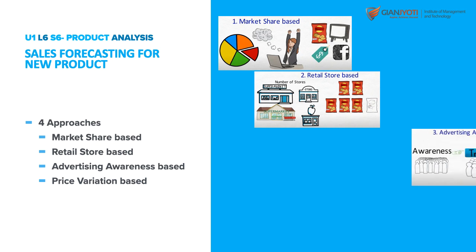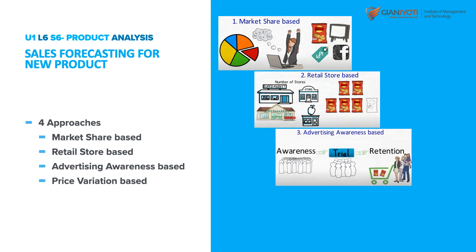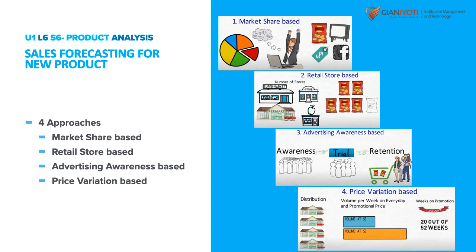The third one is advertising awareness based, where you try to make the people aware of the new product, and you run some trials in your existing chain, and then you try to see how many of the people you retain for that product. So this can go for some months or some years. And then the last one is your price variation based, where you put a price, right?